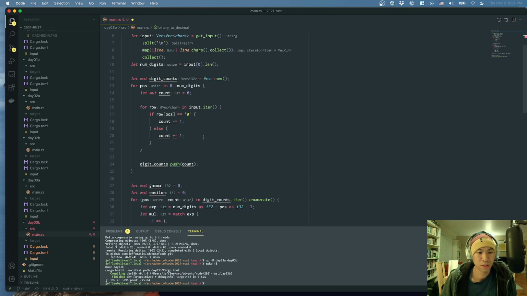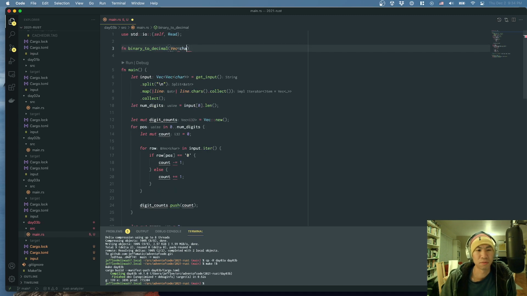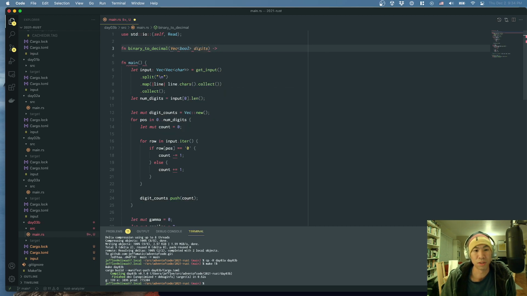Is that what we want? Probably just a vector of, could be Booleans. It's just representing 0 or 1. Call those the digits. And it will return, let's just do an I64.